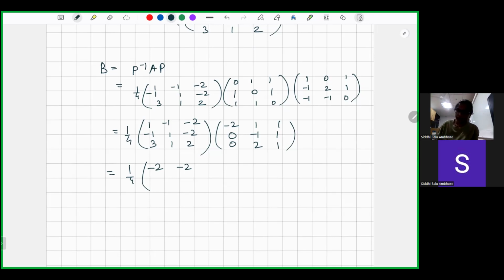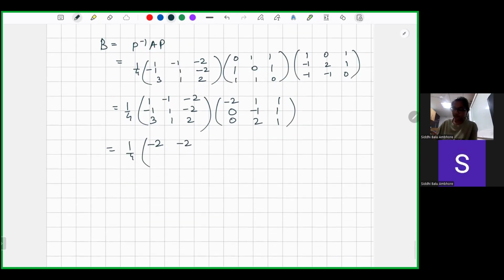I might make some mistakes, okay? Please, if this calculation I'm doing, so this will be 1 minus 1 minus 2. So this will be just minus 2. This will be 2. Minus 1 minus 1 minus 2, minus 4, that is 2.